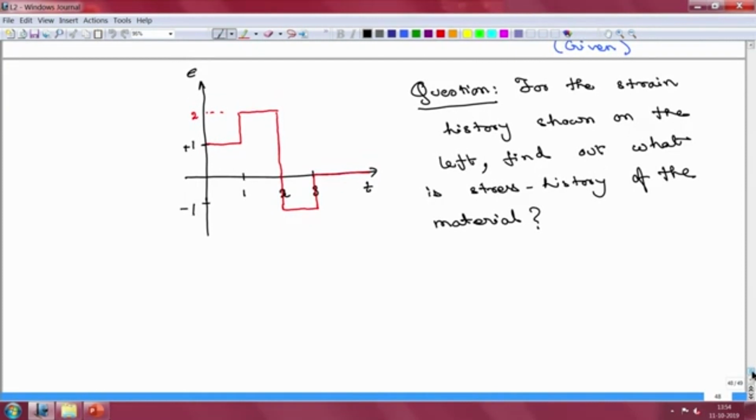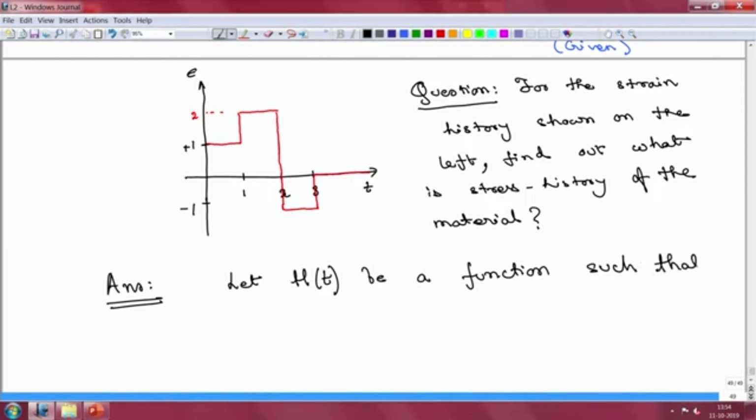Before we solve this problem, I want to introduce a mathematical idea, and in particular a function. Let us call this function h(t).